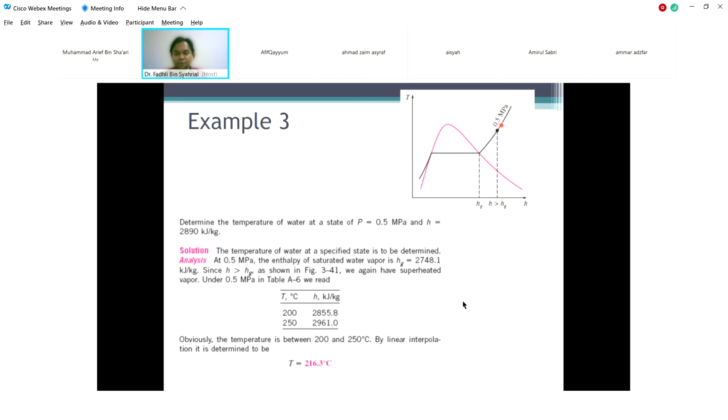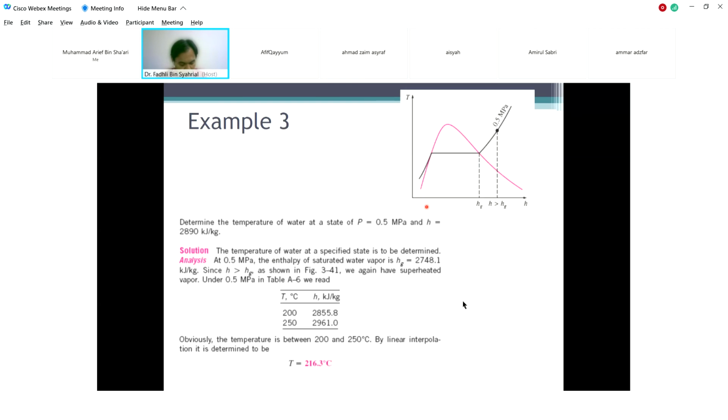So at 500 kilopascal, find Hg and Hf. Please do what I explained here, please find it by yourself.